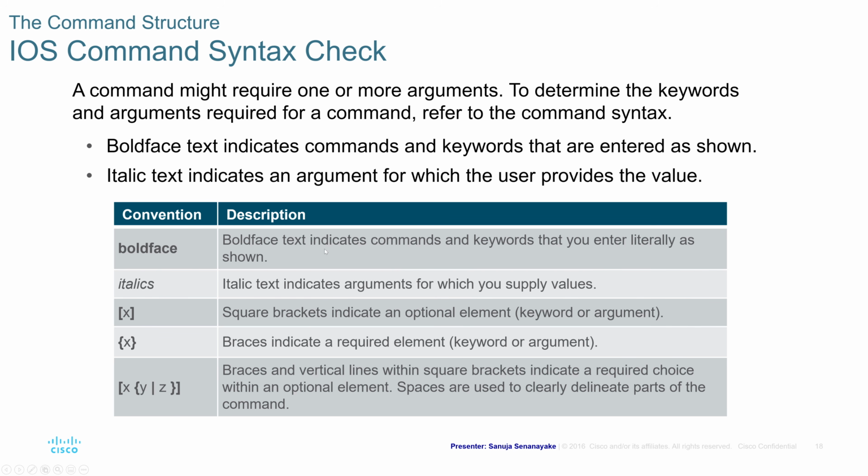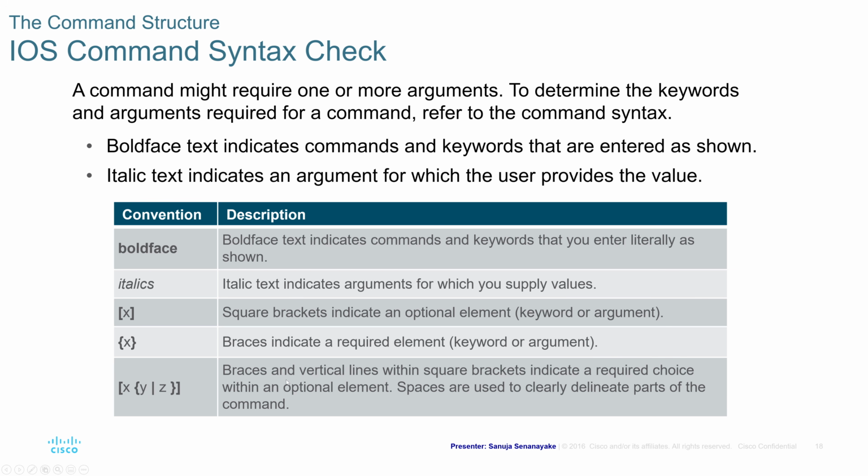For the next few slides, remember, whenever you see boldface text, it is an indication of commands and keywords that you enter literally as shown. And the italics are the text that includes arguments for which you have to supply different values. The square brackets indicate the optional elements and arguments, and the braces indicate the required elements.